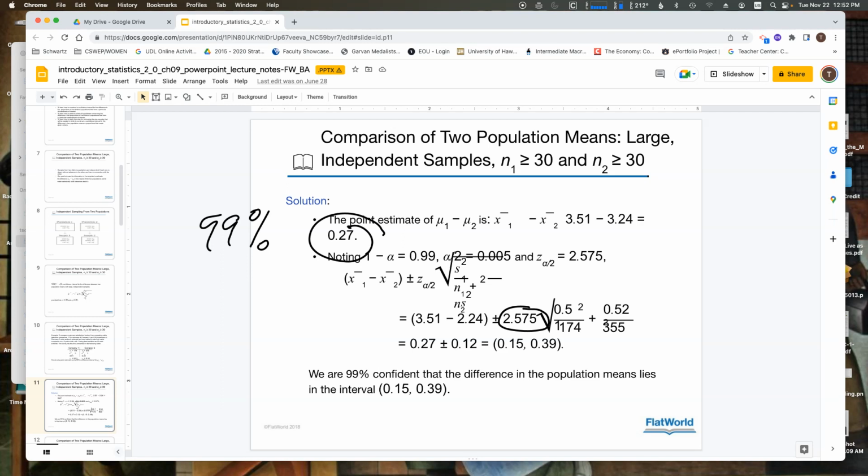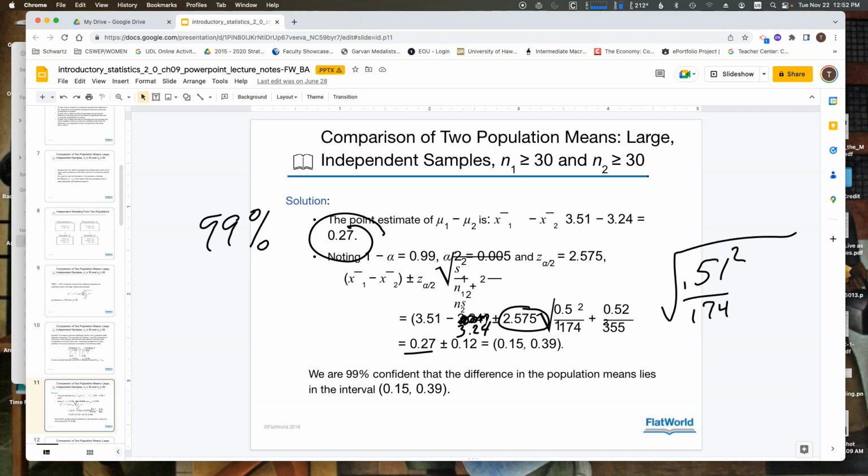So taking the difference of the means, 3.51 minus, it looks to be a typo here, not 2.24 but 3.24. So 3.51 minus 3.24 gets you a difference again of 0.27, plus or minus 2.575 times the square root of 0.51 squared over 174, plus 0.52 squared over 355.